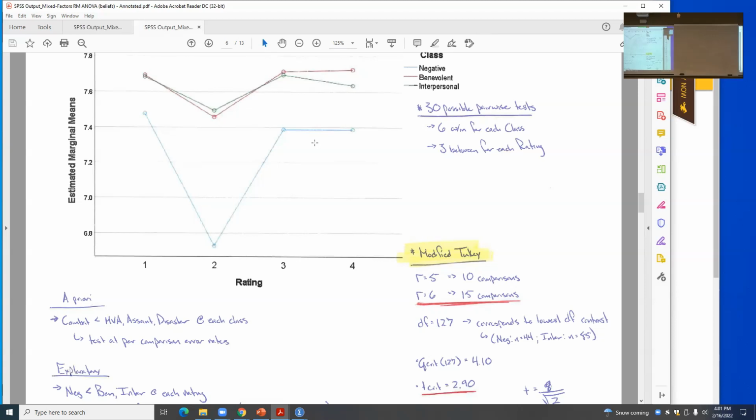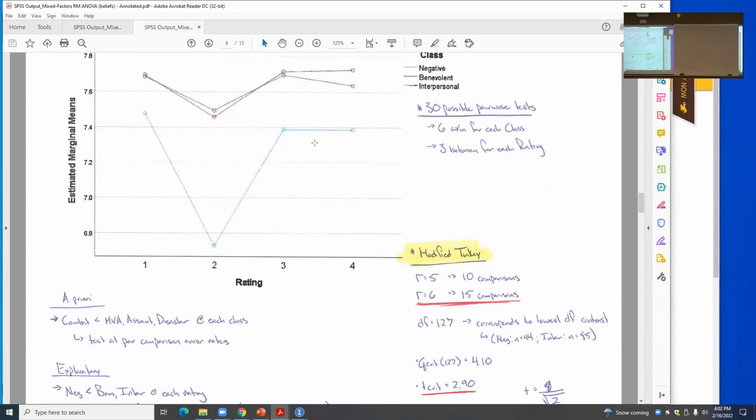Four. Okay, but because this was post hoc, how many tests did I run in my head? Here I would argue that I ran 12. I looked at negative versus benevolent and impersonal, and so on. So I actually ran 12 in my head and then just decided that I was only interested in 4.